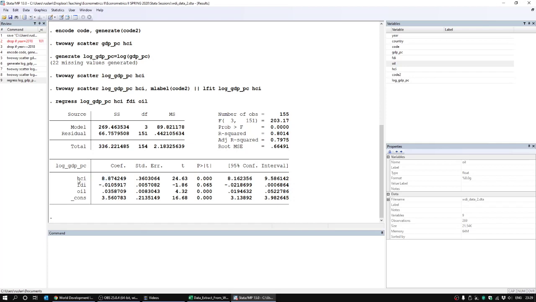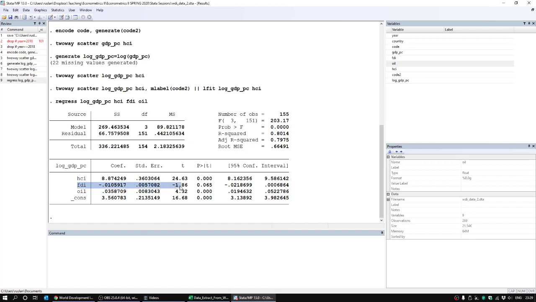If you say that the human capital index increases by 10% or 0.1 unit, then GDP per capita will increase by 88%, right? So make sure that you are providing the correct interpretation.